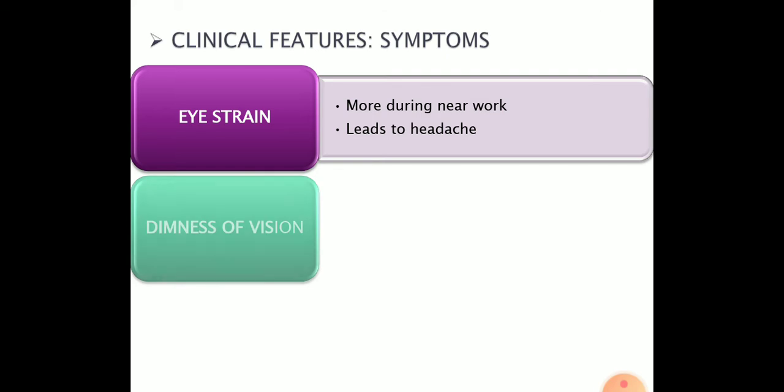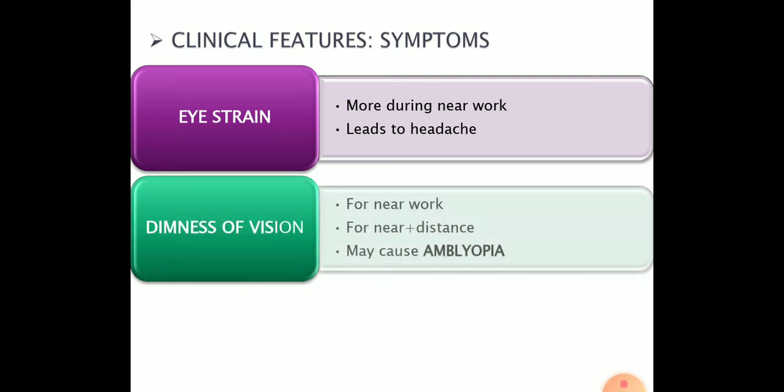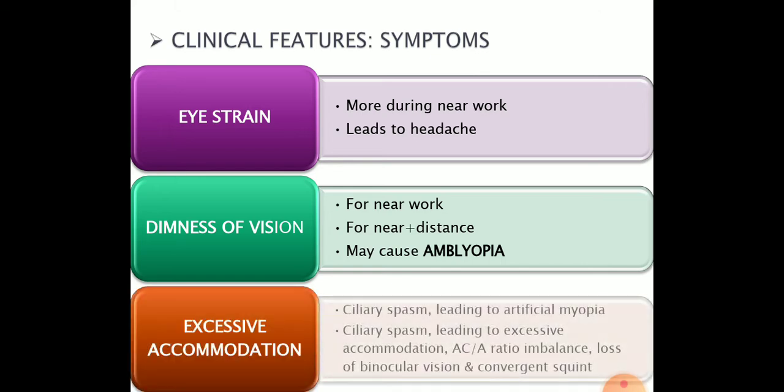Dimness of vision for near work, and for near plus distance, may cause amblyopia. Excess accommodation: ciliary spasm leading to artificial myopia. Ciliary spasm leading to excessive accommodation causes accommodative convergence to accommodation ratio imbalance, leading to loss of binocular vision and convergent squint.